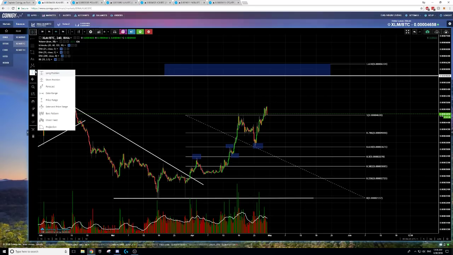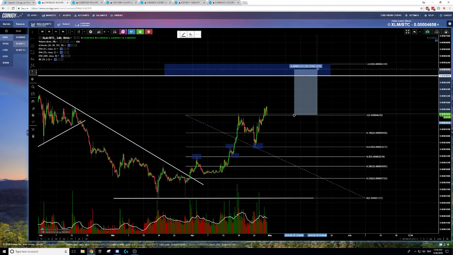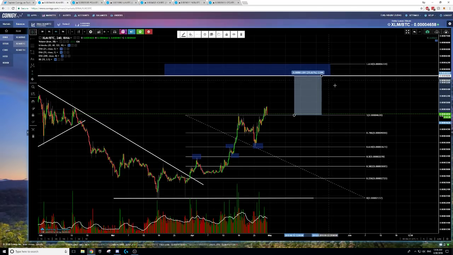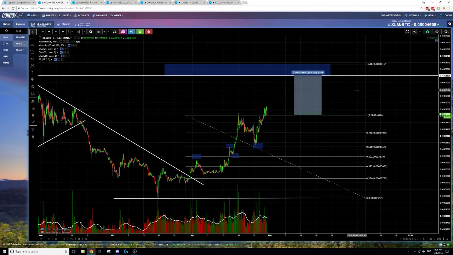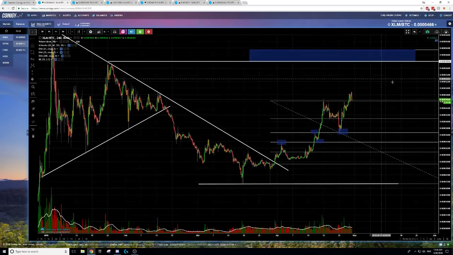Keep in mind this is a high cap, so your profit margins are generally smaller on these. But it's 25% to the very bottom of our range there. So that's a possibility.